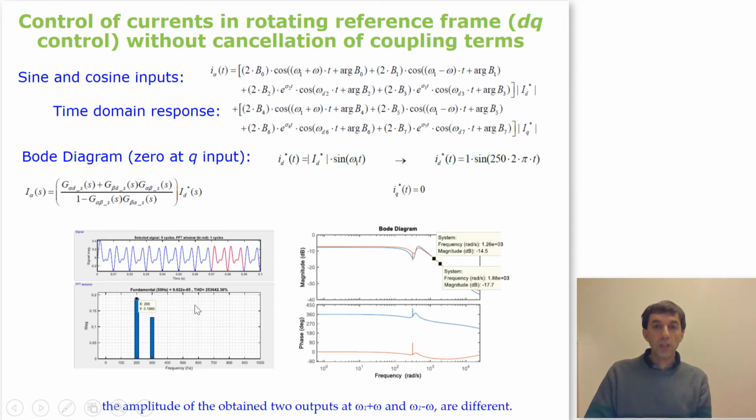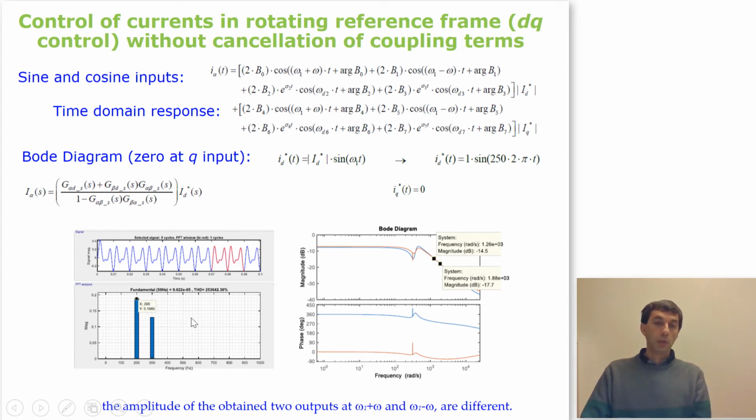And what happens with the time domain response is that at the output we have these two currents, at these two frequencies, omega 1 plus omega and omega 1 minus omega, these two cosinusoidal terms in this case. And in the Bode diagram, we see the correspondence at these two frequencies, and their amplitudes.